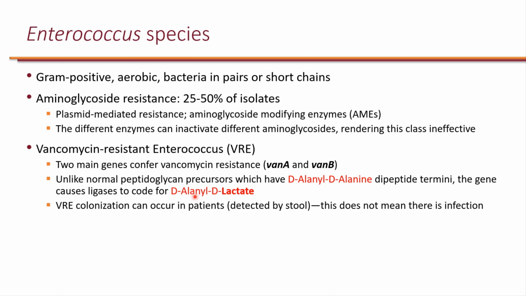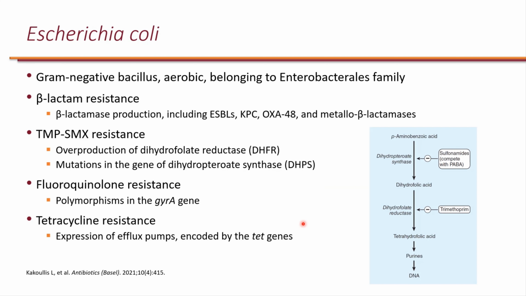So Enterococcus at this point will be VRE. It continues to replicate, and vancomycin will be ineffective. Now, Enterococcus is part of the human flora, so it is common for people to be colonized with VRE, and that's something that can be detected by screening tools on the stool sample.